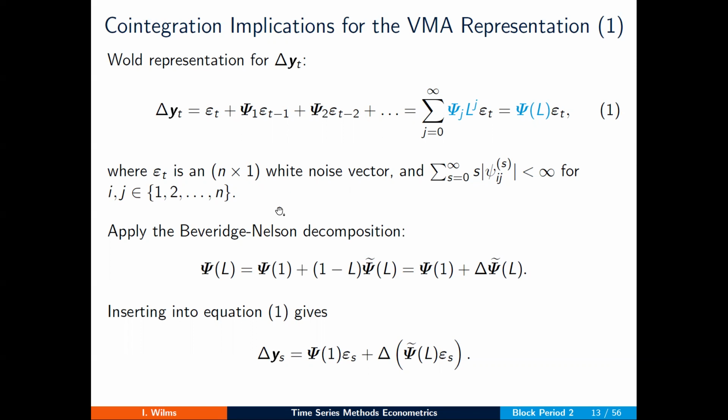And by now, you should know that we can conveniently analyze linear processes with our Beveridge-Nelson decomposition. If we apply this Beveridge-Nelson decomposition to our lag polynomial and insert this back into our first equation, we get this expression over here.